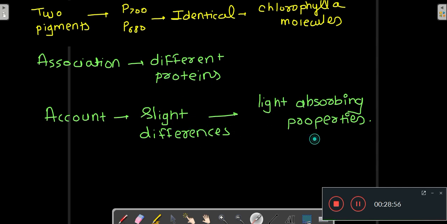P700 is associated with different proteins, P680 is associated with different proteins, and that is the reason why P700 shows maximum absorption at 700 nanometer wavelength and P680 shows maximum absorption at 680 nanometer wavelength.